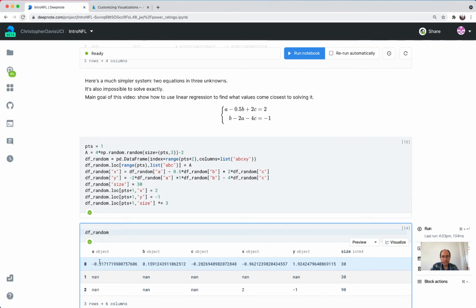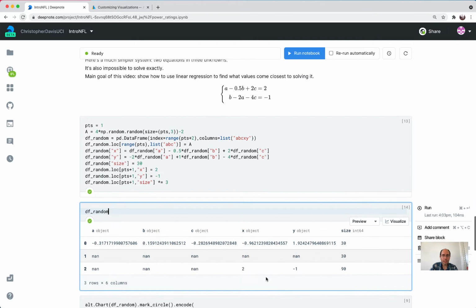ABC are some random values of these unknowns A, B, C. Then I've set it up so that the X column corresponds to 1 times A minus 0.5 times B plus 2 times C. And Y is the same, but for the second equation: negative 2 times A plus 1 times B minus 4 times C. What we're hoping for is to get the values 2, negative 1 out of it.